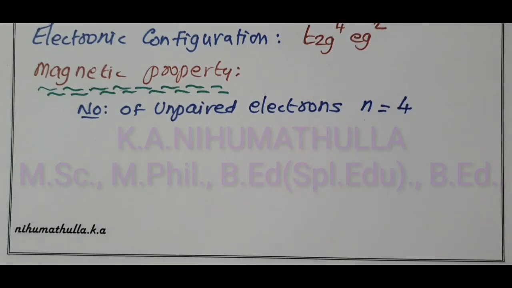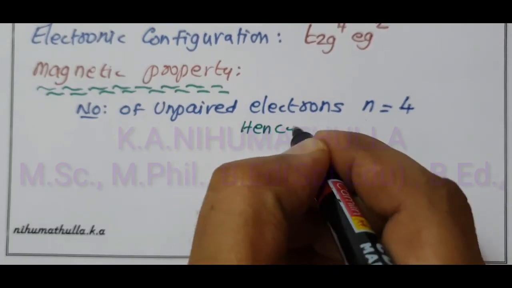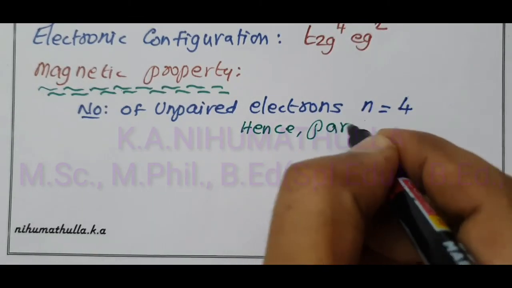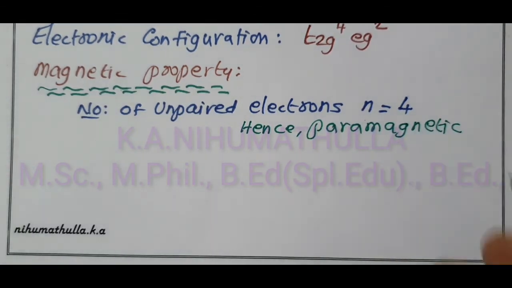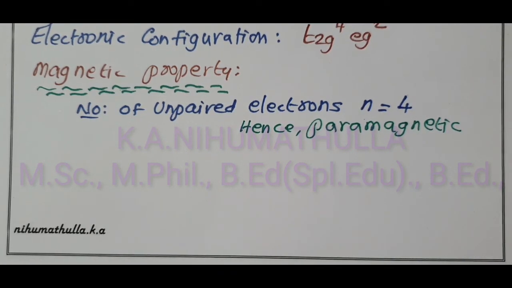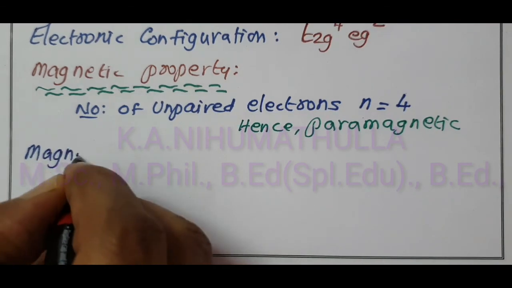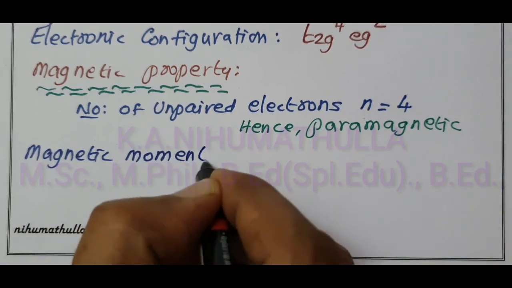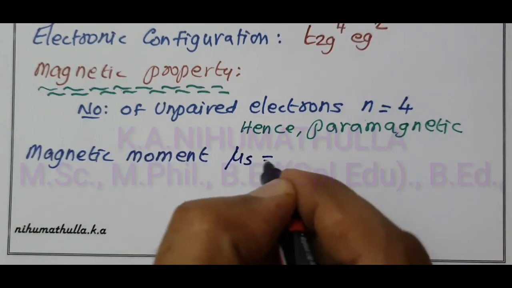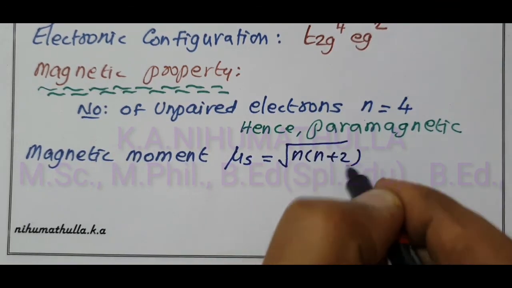Presence of unpaired electrons indicate that the complex is paramagnetic in nature. Magnetic moment. Mu S value. Magnetic moment mu S value equal to root of n into n plus 2.